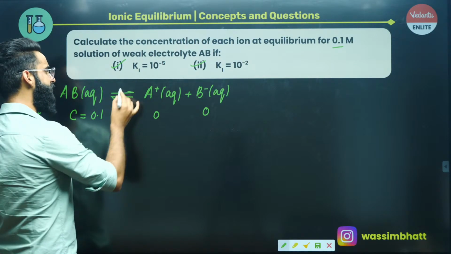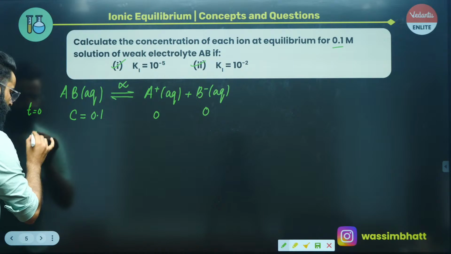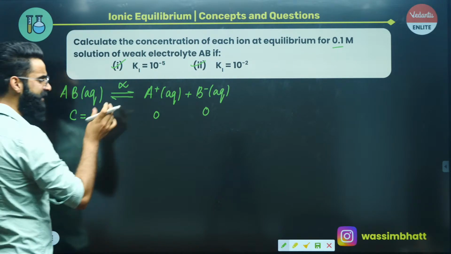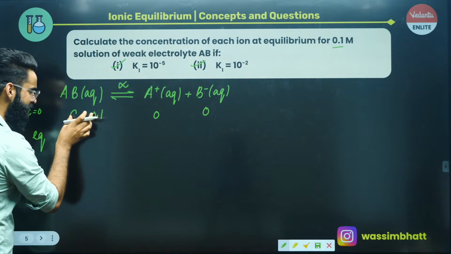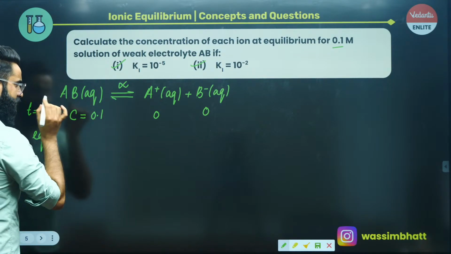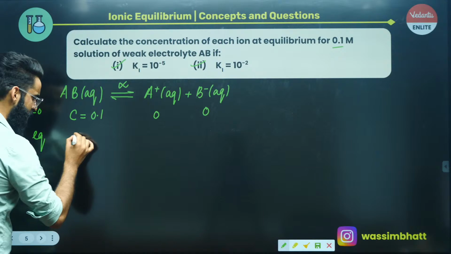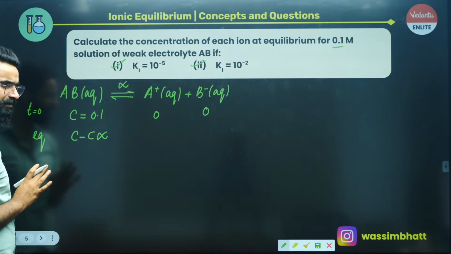I'll assume the degree of ionization of this weak electrolyte is alpha. If I ask you the concentration of each ion at equilibrium, you treat the concentration the same way as you treat moles. So the concentration of AB at equilibrium is simply going to be C minus C alpha. That's something everyone should know.